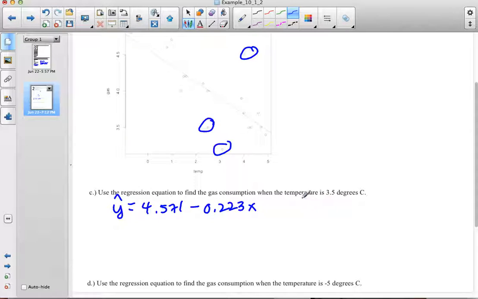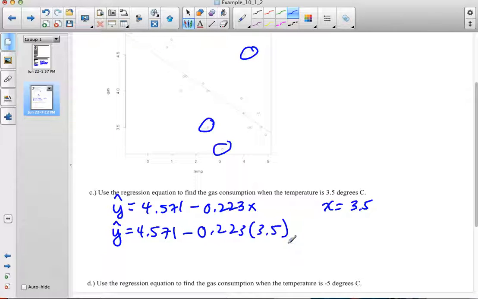In this case, since x is my temperature, they are telling me that x is equal to 3.5. So all I gotta do is stick 3.5 into my equation, and then go ahead and find out what that equals. And it turns out that that equals 3.8 cubic feet.